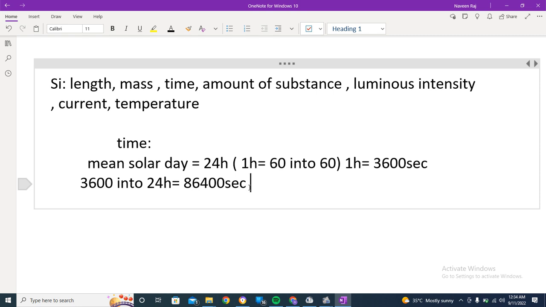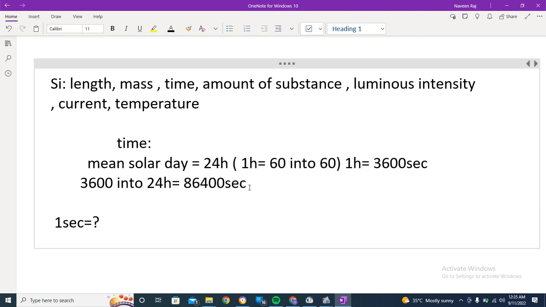And the question can also come like this: tell us that 1 second is equal to how much MST, or how much mean solar day. So what would be the answer?